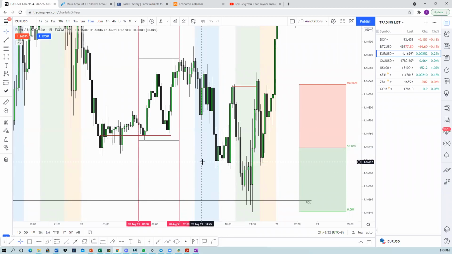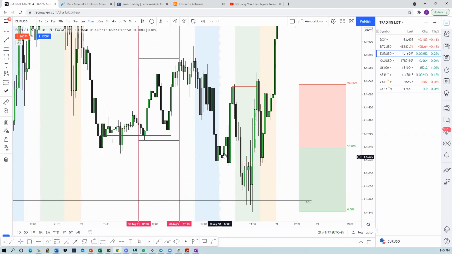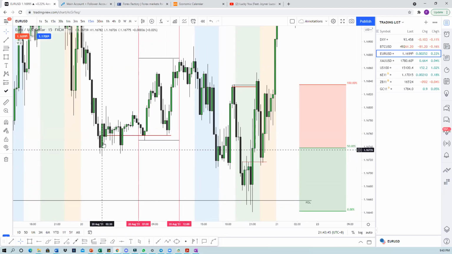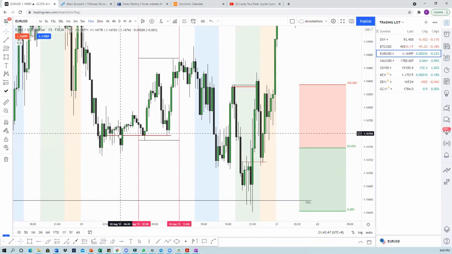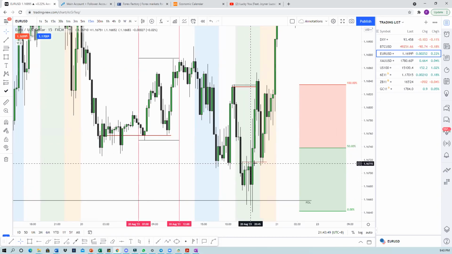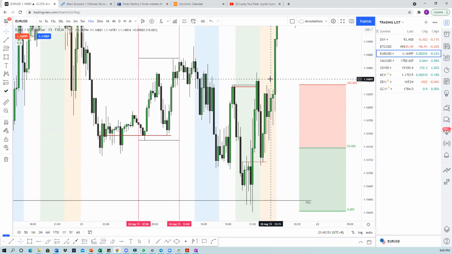When you have a big wick, you are best served using the high or low point of the wick. When you have a nice bodied candle, you want to go for the body. Okay, that's the entry here. Up you go, lower, higher.